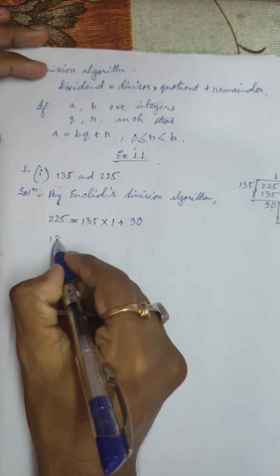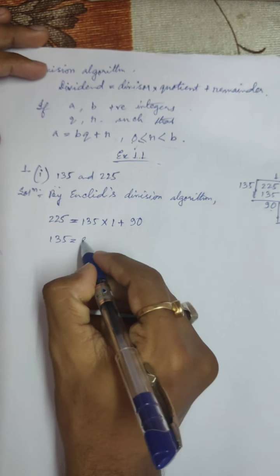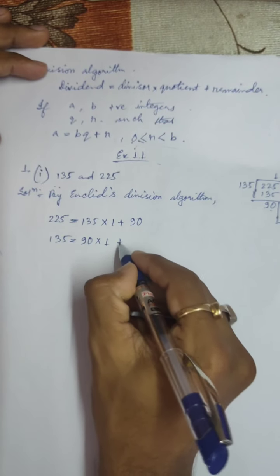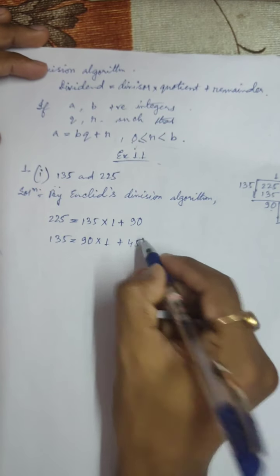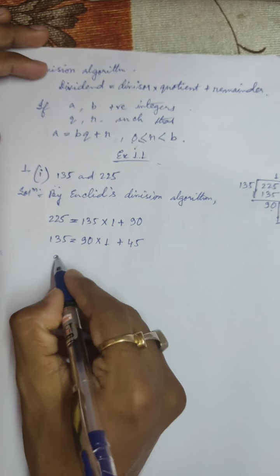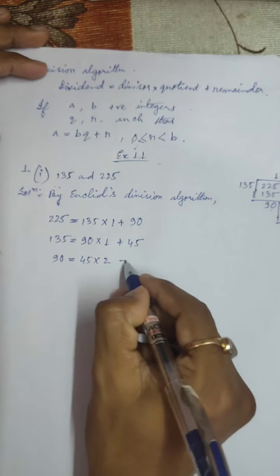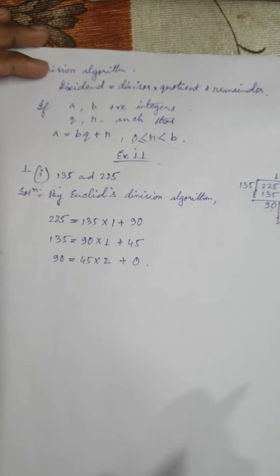Next, 135, and in this step the divisor is 90, quotient is 1 and remainder is 45. In the next step, dividend is 90, divisor is 45, quotient 2 and remainder is 0.